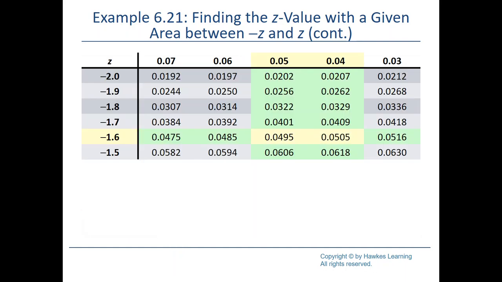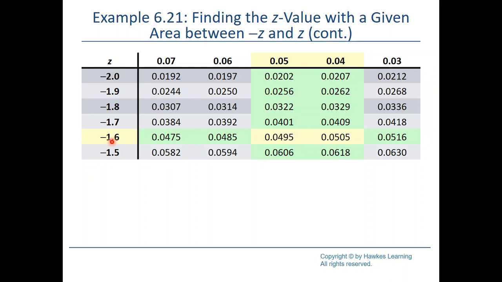So in the table here, we're going to notice that we find what we're looking for. And as we take a peek here, I get 0.0495 and 0.0505. Now, as I'm looking at this, these are both equally close to 0.05. So that does mean that it should be halfway in between these two z values.